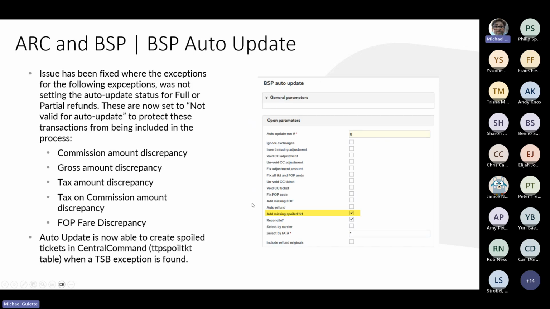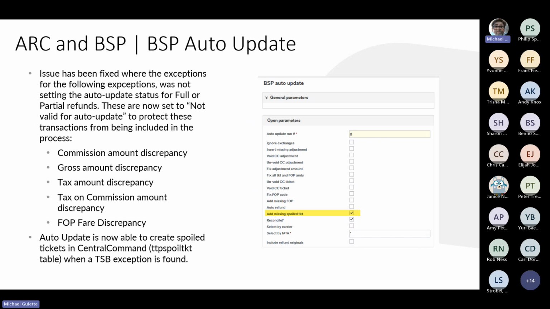The next screen allows us to add missing spoil tickets. So it will look at that BSP data that's been downloaded in the hot file, see those two transaction codes that define those ticket numbers as spoiled tickets, and be able to add them to the spoiled ticket register so that those transactions can be reconciled correctly.